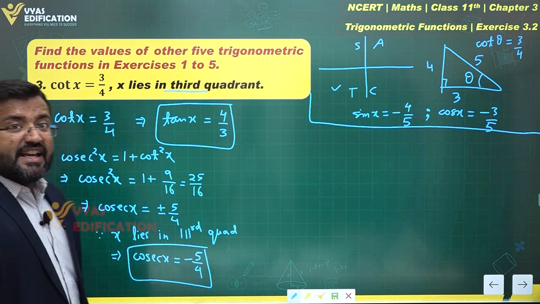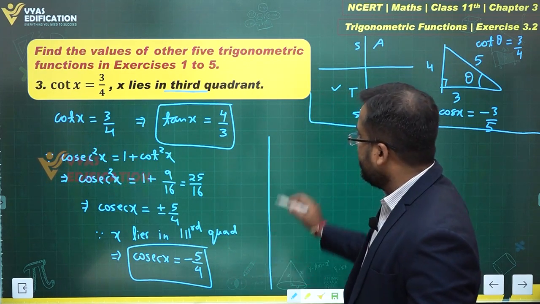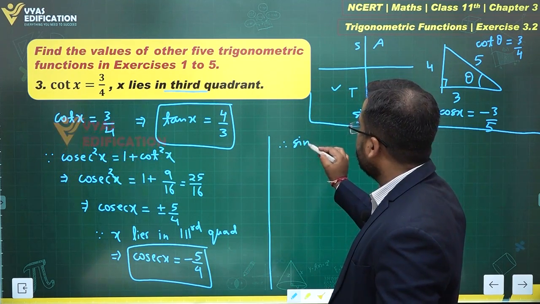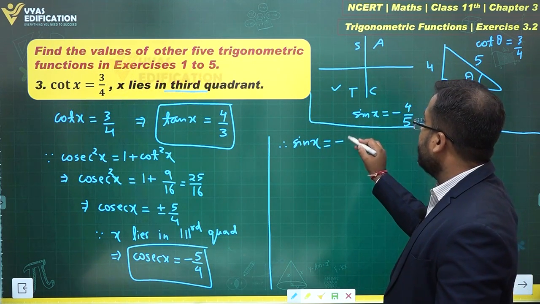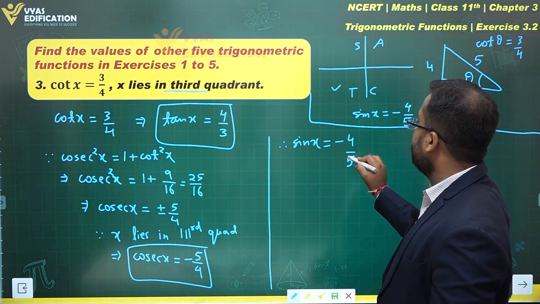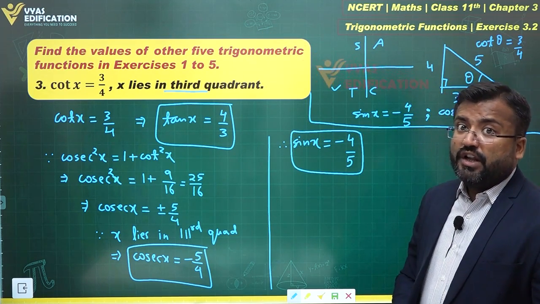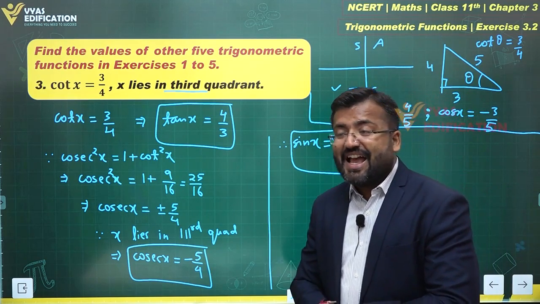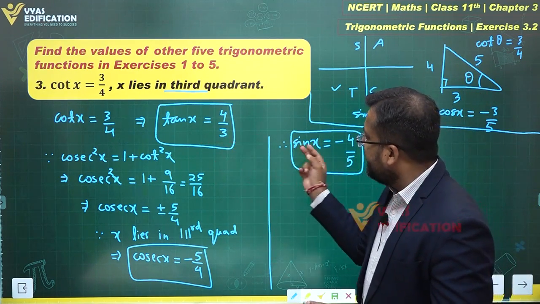Since cosec x is minus 5 by 4, we can easily get the value of sin x. Sin x is the reciprocal of this, which is minus 4 by 5. What else? Can we find cos x and sec x as well? Yes, cos x can be found with the help of the values of tan x and sin x.